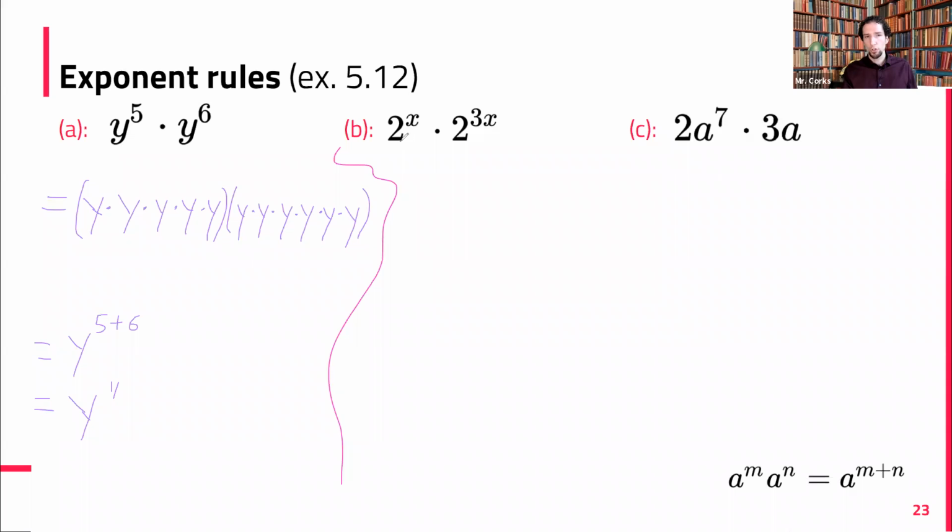Next one here, 2 to the exponent x times 2 to the exponent 3x. 2 to the exponent 4x, which is x plus 3x. Can we simplify this further? Yes, of course.